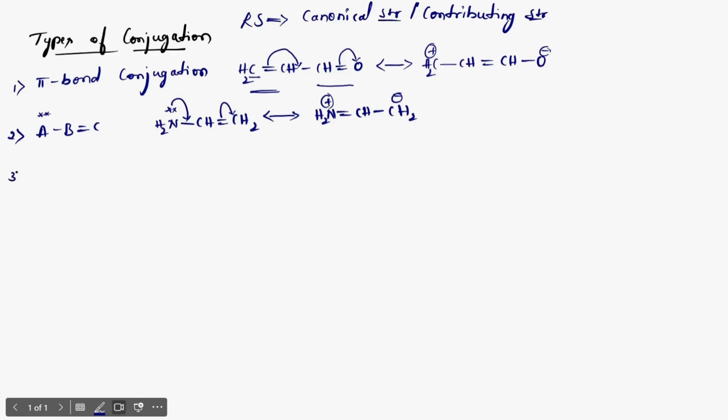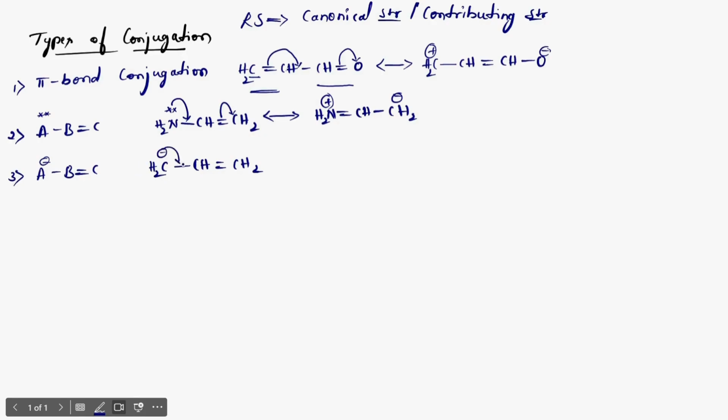Next type is negative charge pi bond conjugation. For example, CH2 minus single bond CH double bond CH2. This negative charge indicates the presence of a pair of electrons, or 2 electrons.